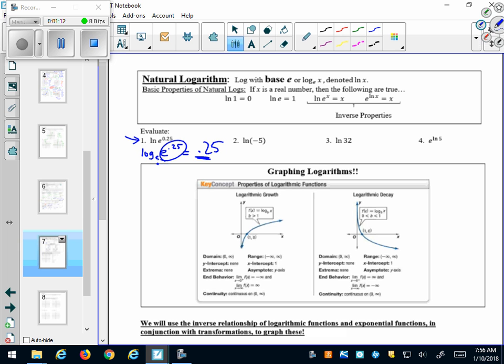So you can see that these are basically canceling each other out. They're like inverses of each other, right? If you have e to the something, if you take the natural log of it, you just get the something. That make sense? That's a really important concept with the word problems we're going to be doing.